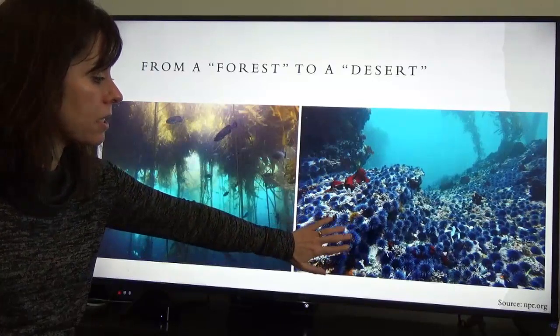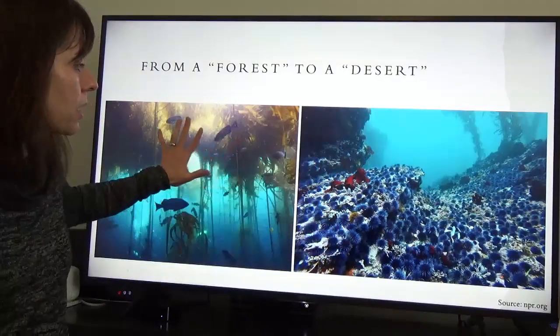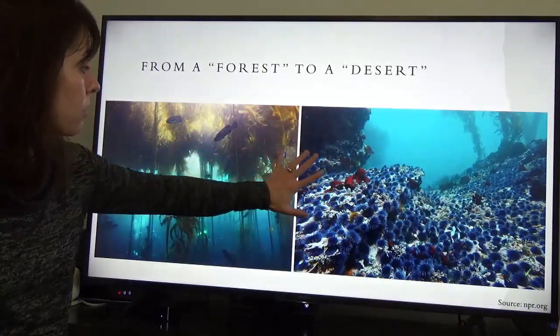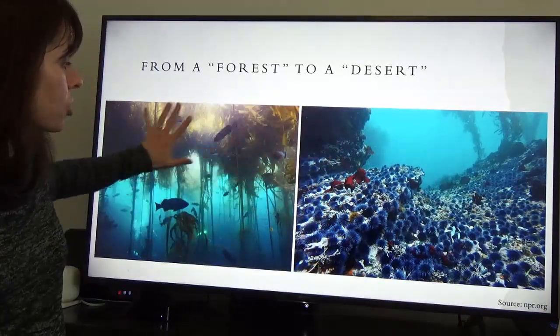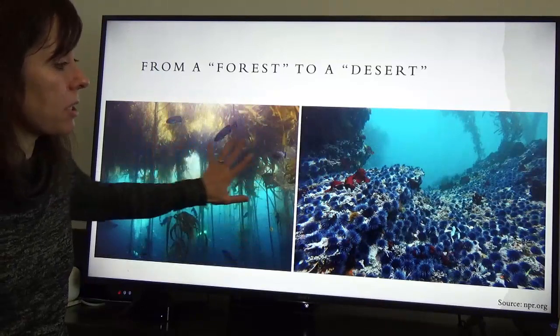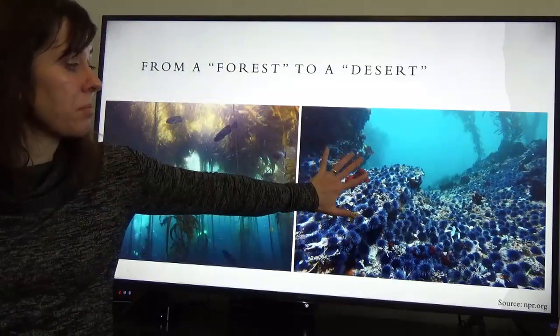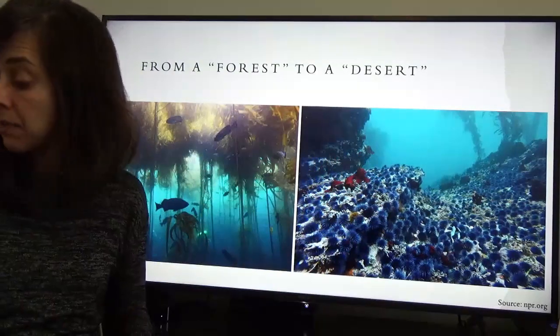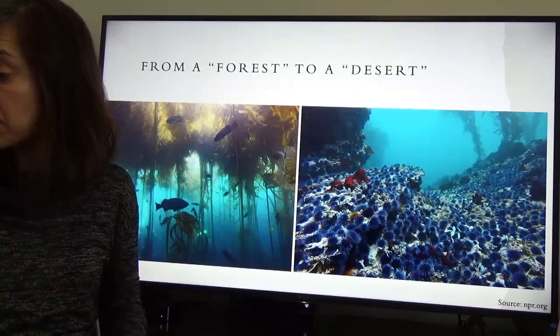So we know that these are the culprits in this mystery of the disappearing kelp. But this is what these places look like. You move from this lush, productive environment to this kind of moonscape where everything is decimated and it no longer supports that level of biodiversity or productivity.